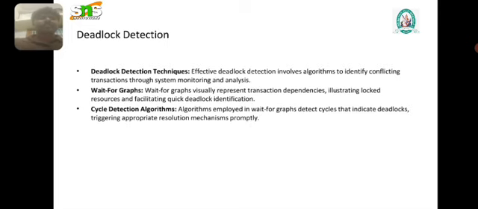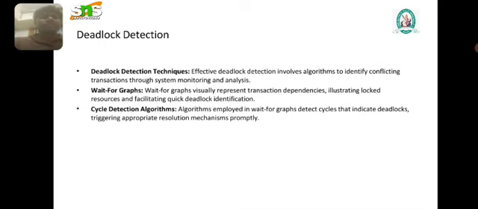Next is deadlock detection. Effective detection involves algorithms that identify conflicts among transactions, through monitoring and analysis, and the wait-for graph.